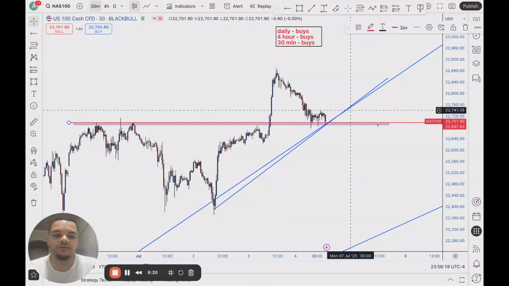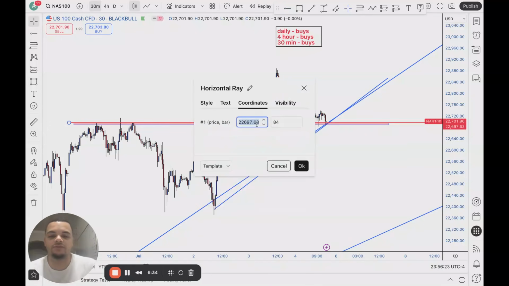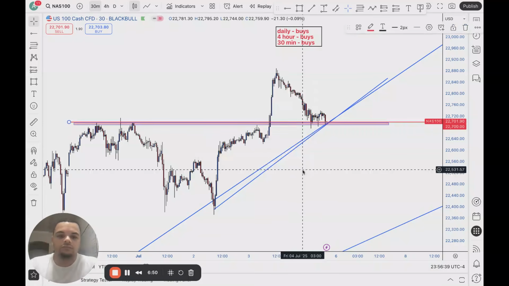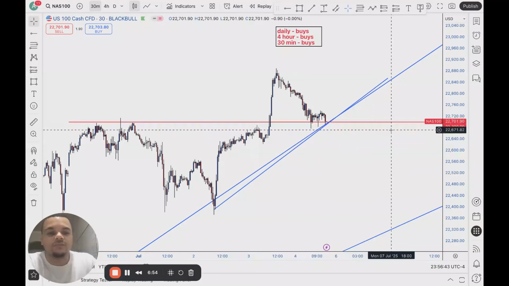I'll use my horizontal line, tap this, coordinates, hold on. All right, let me take this away.